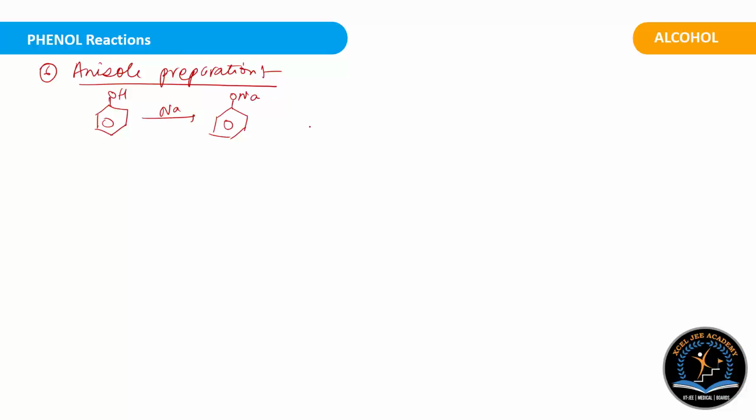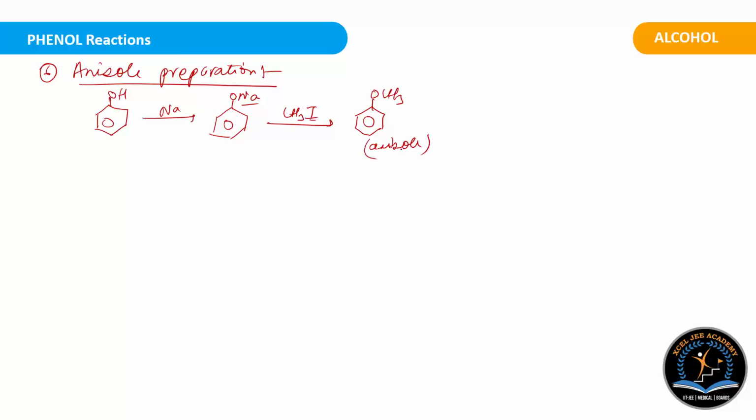Now this sodium phenoxide reacts with CH3I, this is the RX group. Similar to Williamson synthesis, same thing, leading to removal of NaI. Along with that, this phenoxide ion will be linked to CH3. This is the formation of an ether. So this is a way to prepare this compound which is referred to as anisole.